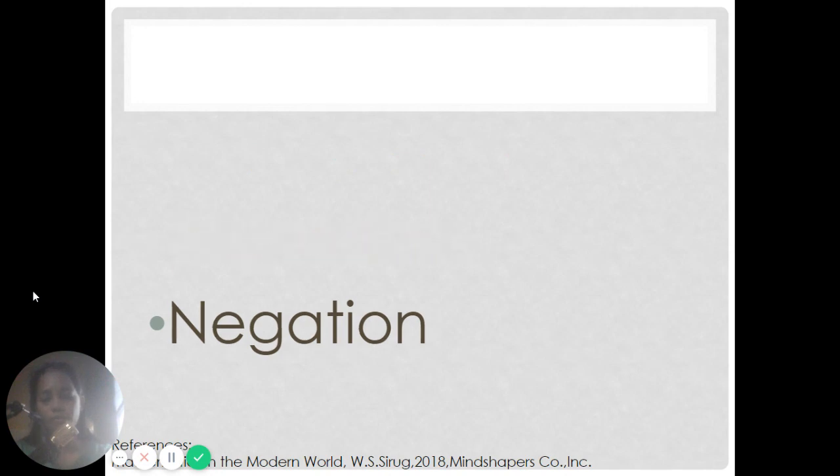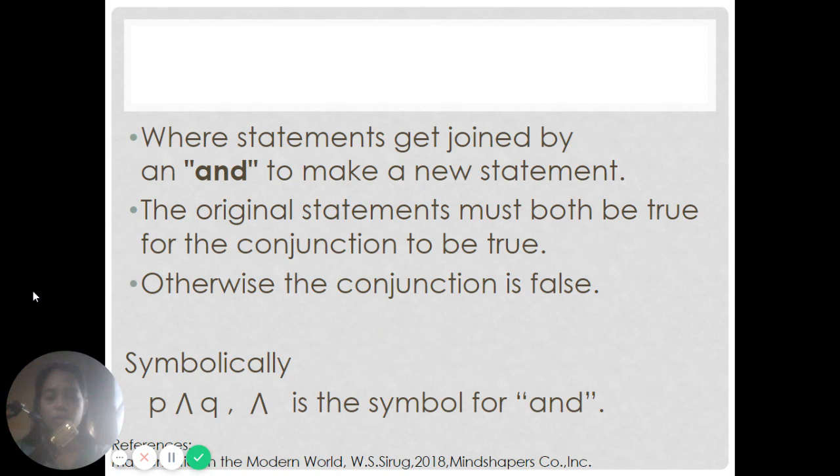So let's see the definitions and the differences of the three. First is what we call conjunction. The conjunction of propositions P and Q is the compound proposition P and Q. Symbolically, it looks like an inverted V. That's the symbol for and, which means conjunction.